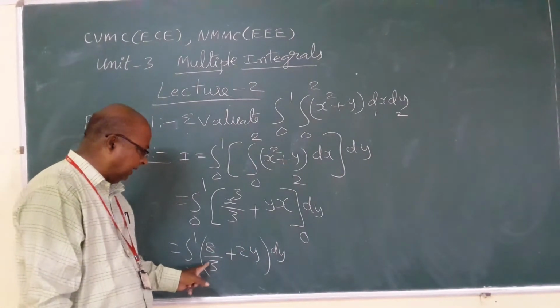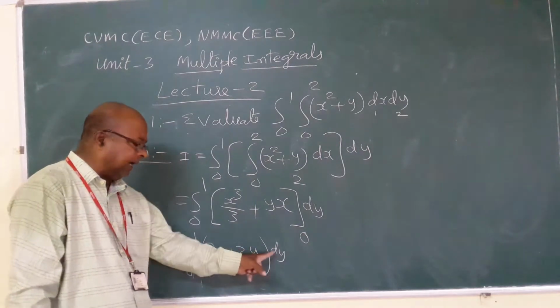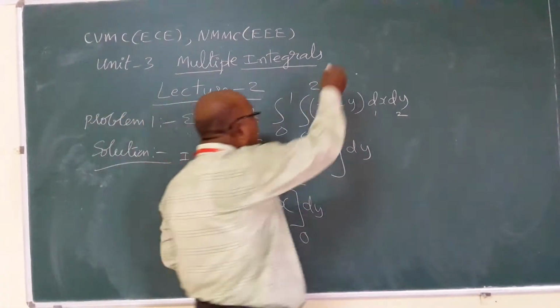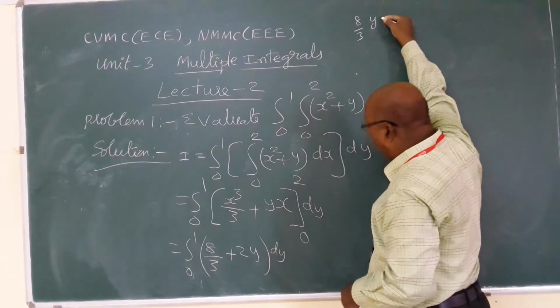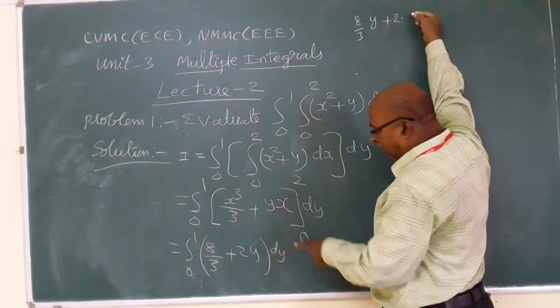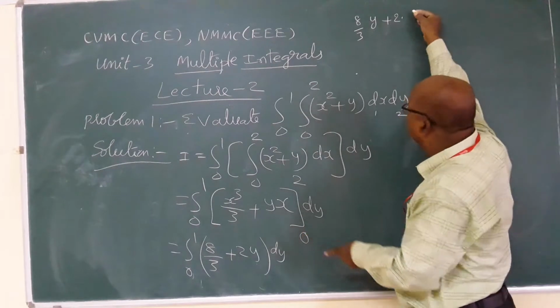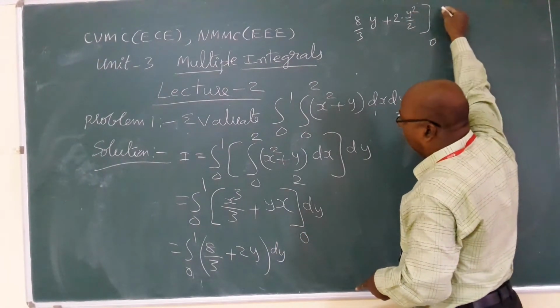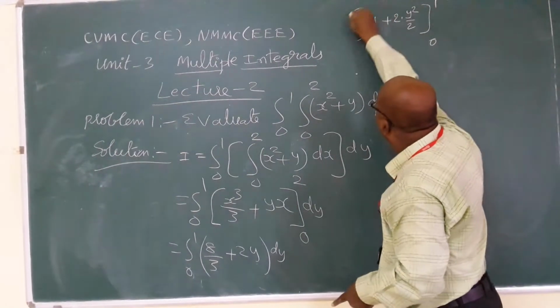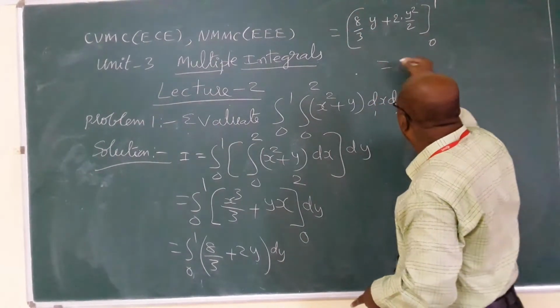Here 8 by 3 is constant, into the integral of dy, which is y. So 8 by 3 into y plus 2 constant, the integral of y is y square by 2, from 0 to 1.